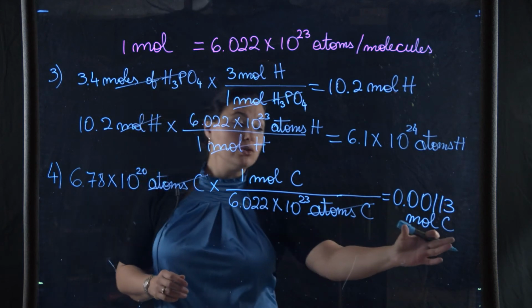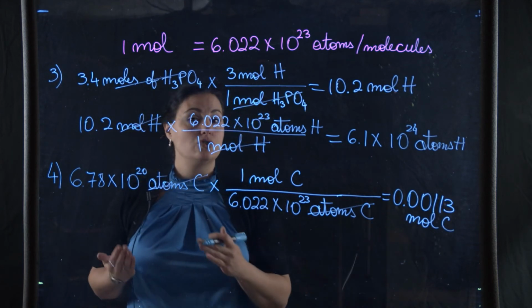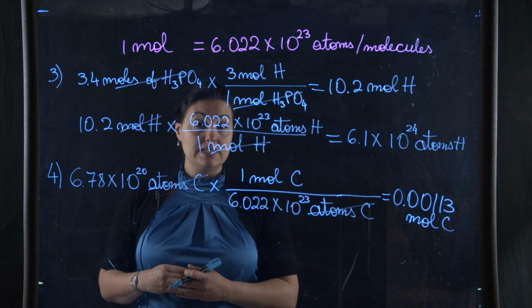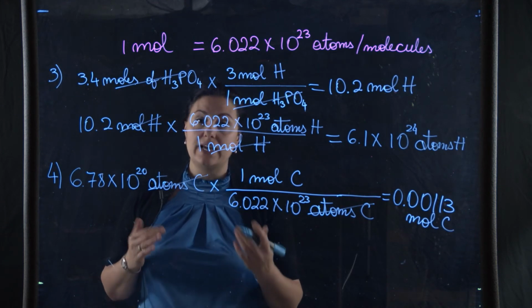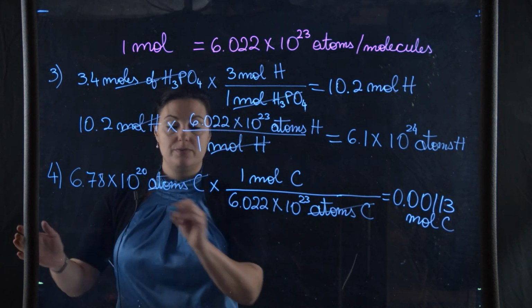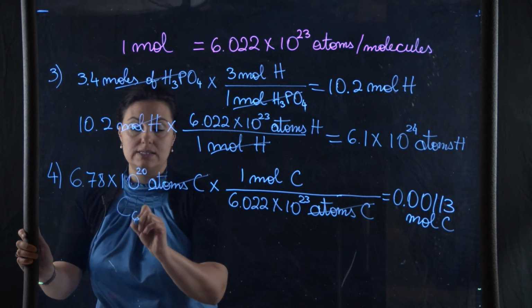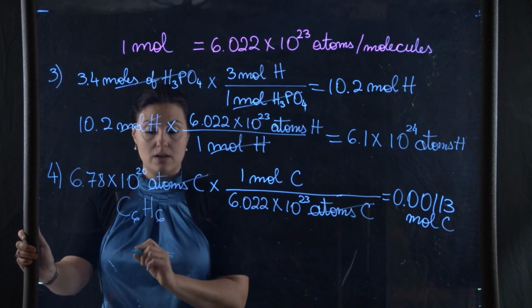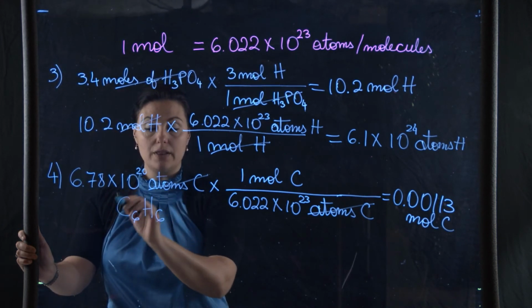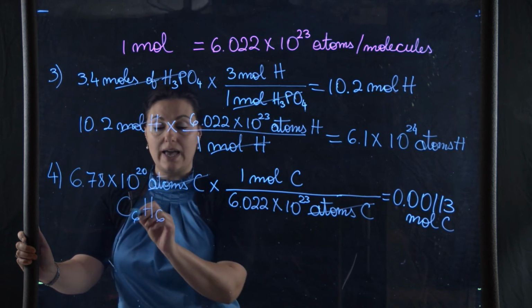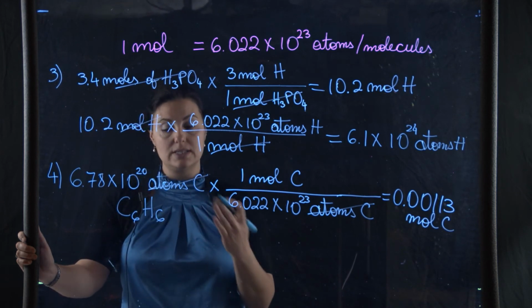Now that I have moles of carbon, I can relate that to moles of benzene, C6H6, because I know that if this is my formula, C6H6, for every 1 molecule of C6H6, I have 6 carbons, so it's a 1 to 6 ratio.